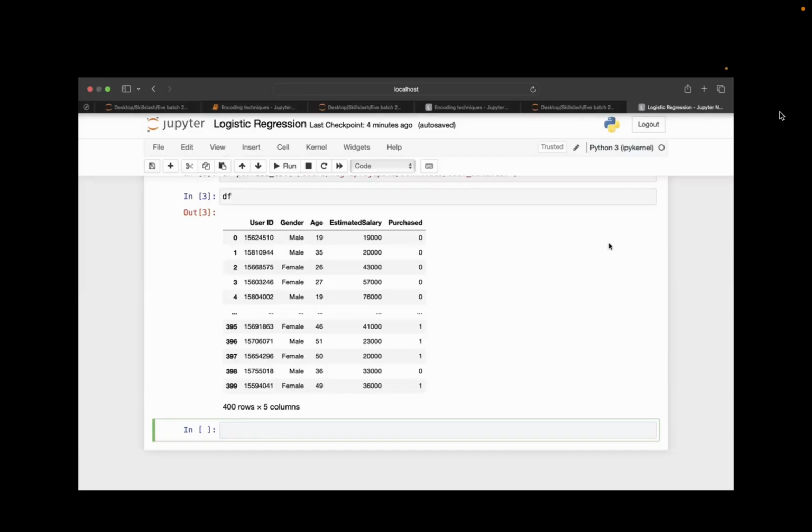So people like you and me use social networking applications, and they have the data of people like us who clicked on the website. Now we are trying to predict, of all the people who clicked on that advertisement, who wants to buy the new SUV car which the company has recently launched.